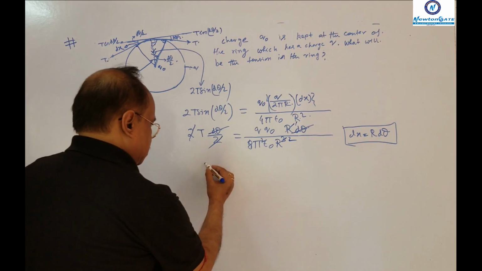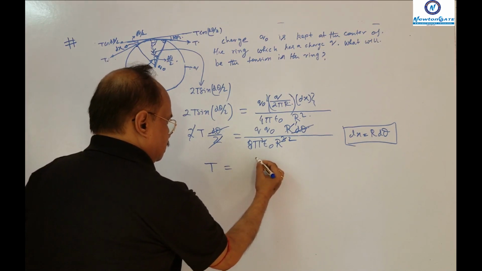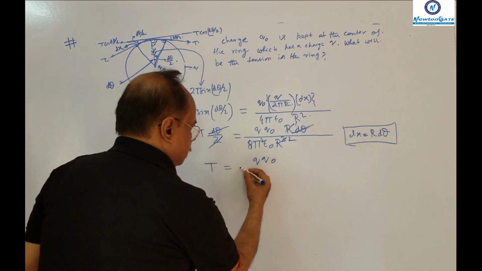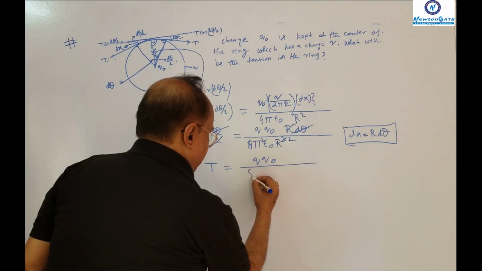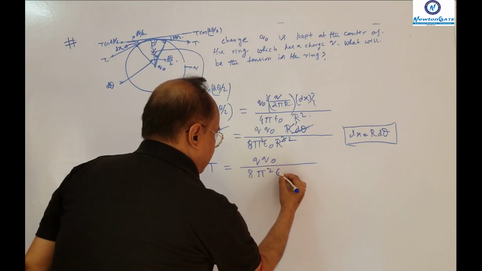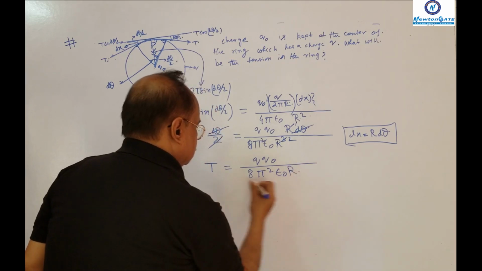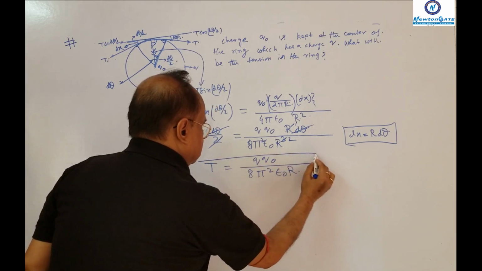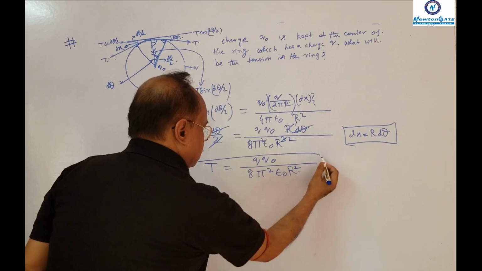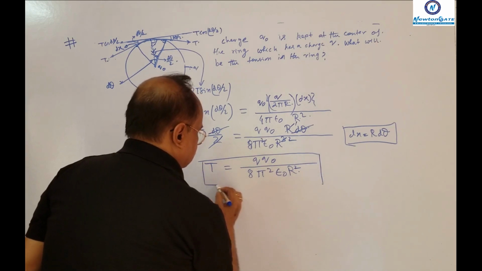So hence T will be equal to Q naught divided by 8π² epsilon naught r square, and this is our answer.